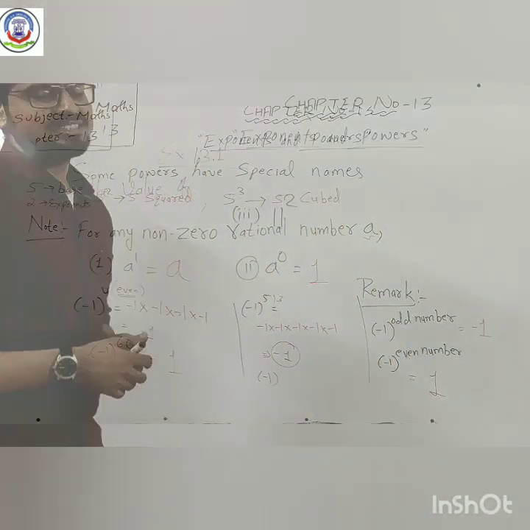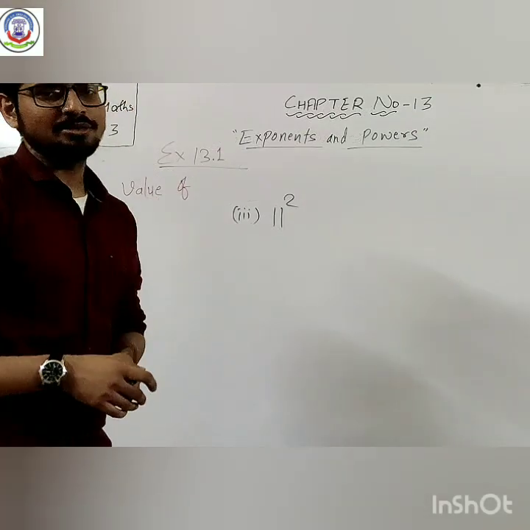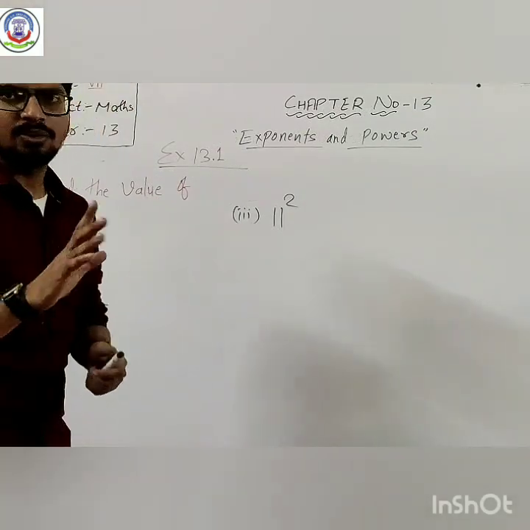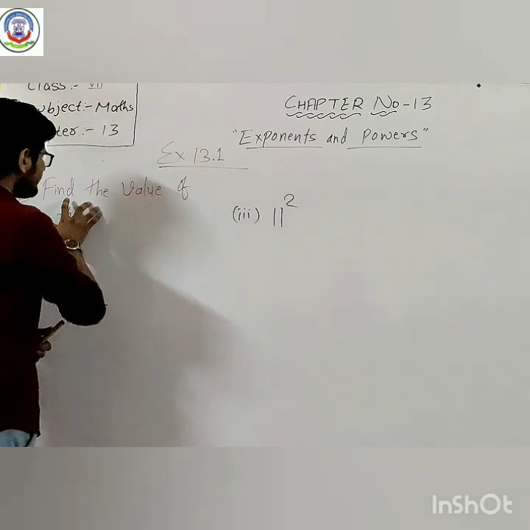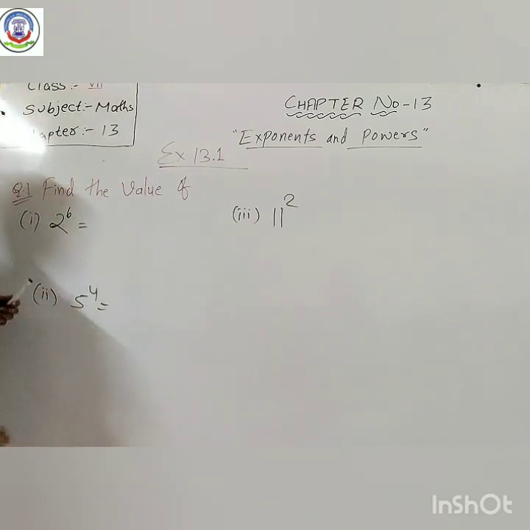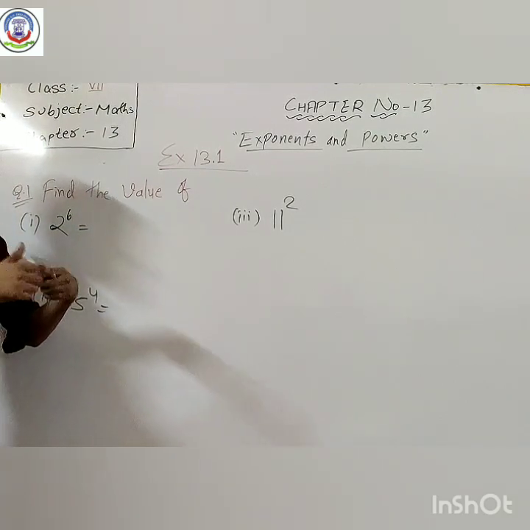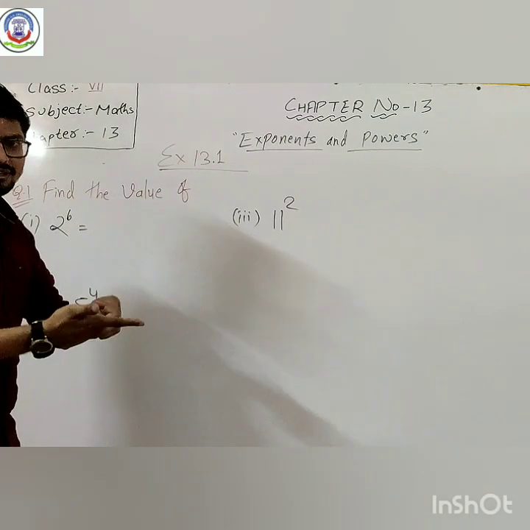Okay, let's start with your exercise number 13.1. So here: find the value of 2 raised to the power 6. What is it called? 2 raised to the power 6. 2 is base and 6 is exponent. So it can be written as the repetition of the product.